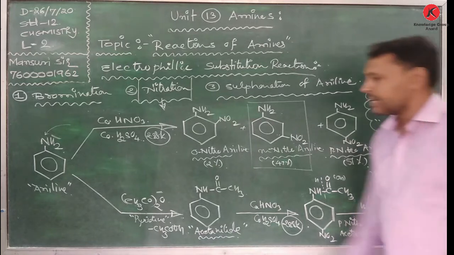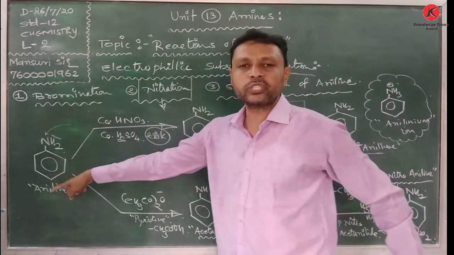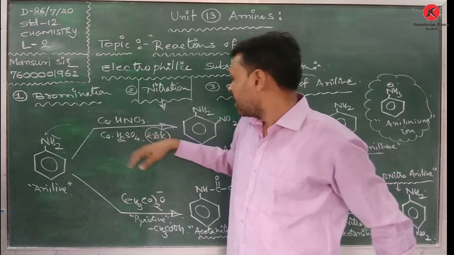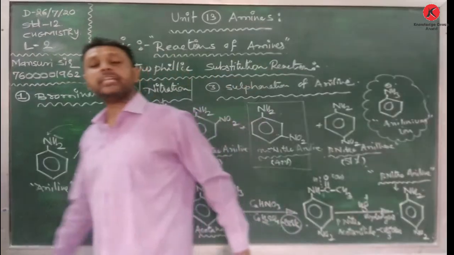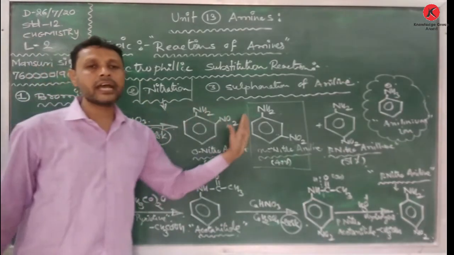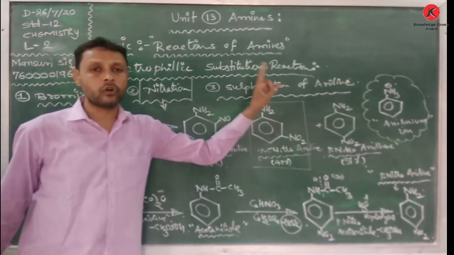So we can say that when aniline reacts with the mixture of concentrated HNO3 and H2SO4 at 288 Kelvin temperature, then ortho, meta and para-nitroaniline is obtained.